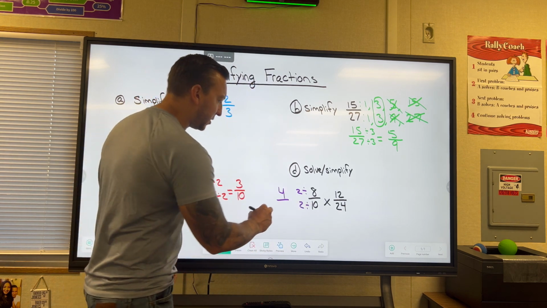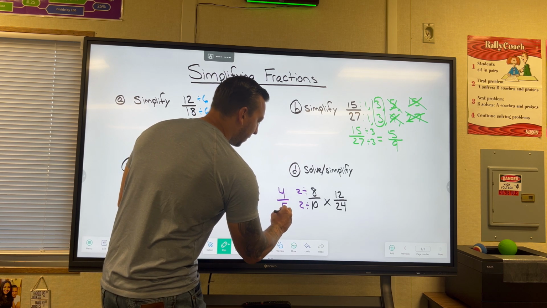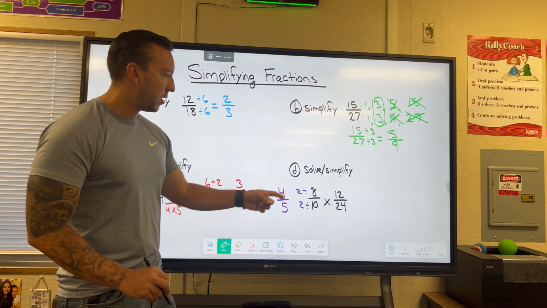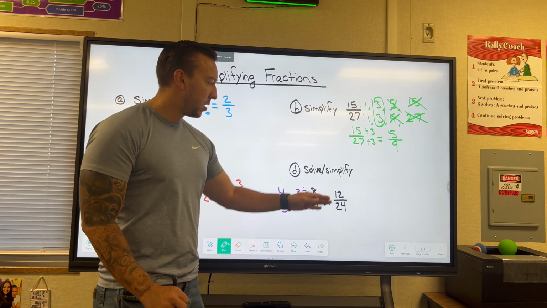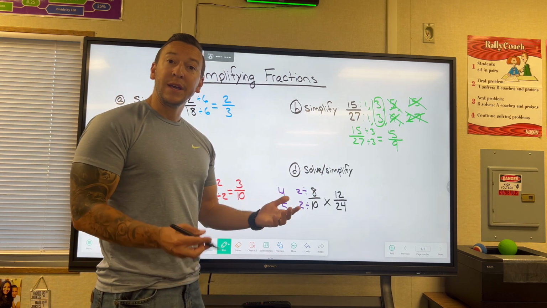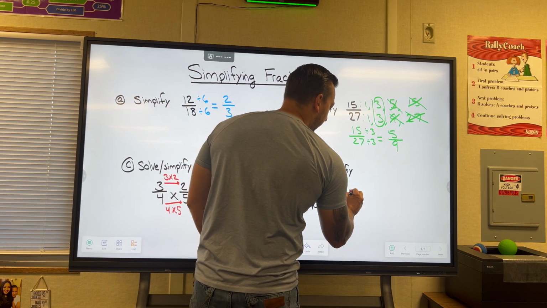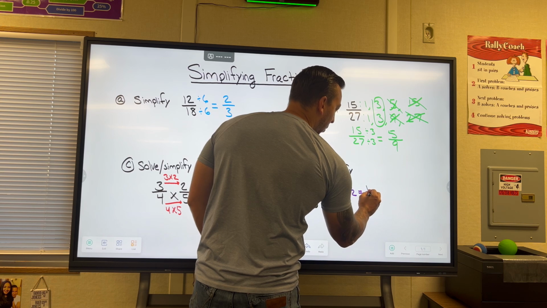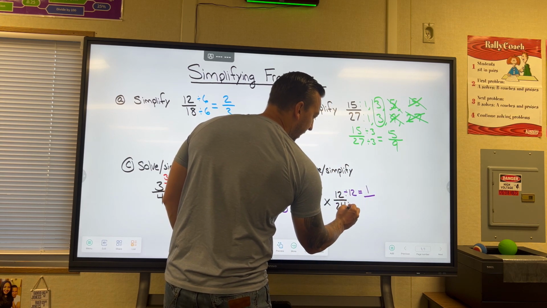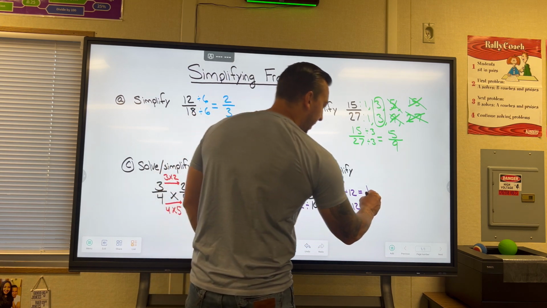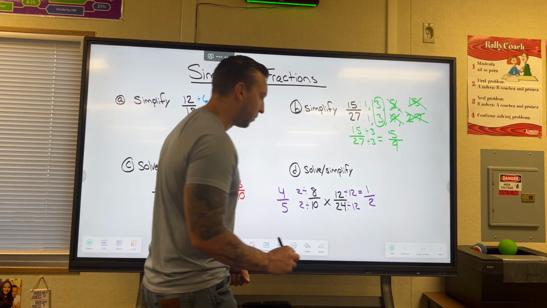And 10 divided by 2, that's going to get me 5. Now I'm going to do the same thing over here. Greatest common factor between 12 and 24 is 12. So 12 goes into 12 one time. I'm going to divide. 24 divided by 12, that's going to get me 2.